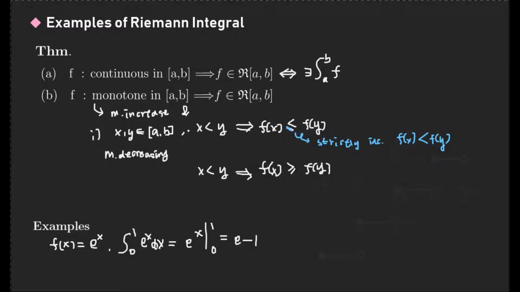Altogether, we define the monotone function. Then, if the function is monotone, it is still Riemann integrable. This means there also exists the value of the integral from a to b of the given monotone function.